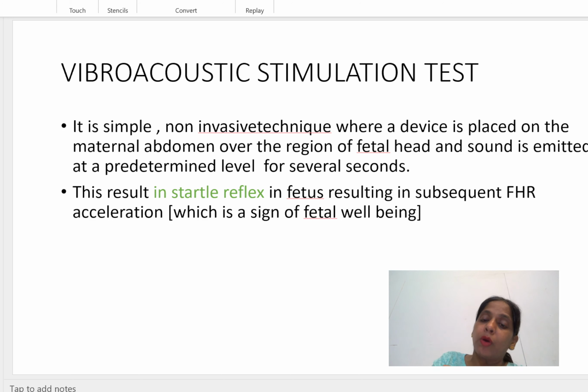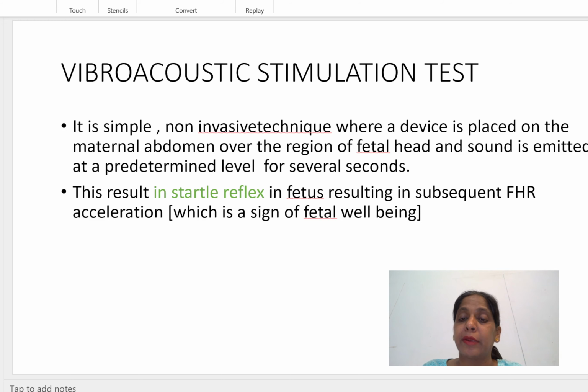Nowadays I think you all must be having this in your colleges while you are doing your internship. It is known as vibroacoustic stimulation test, also known as VAS. We turn on the device, sound and high vibration come from it, and the startle reflex of the fetus is activated and the fetus moves.